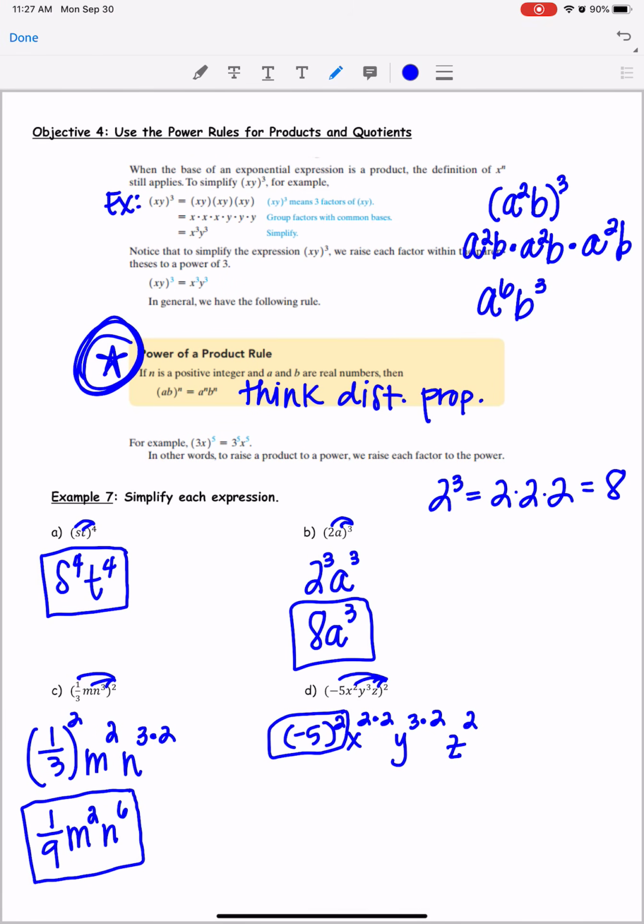-5 in parentheses squared means that this is -5 times -5. Well, negative times negative is positive. So -5 in parentheses squared is 25. 2 times 2 is x to the 4th.